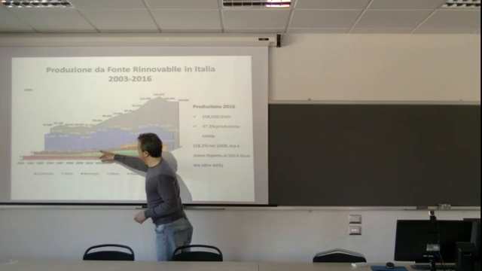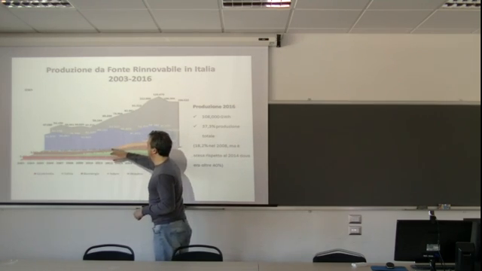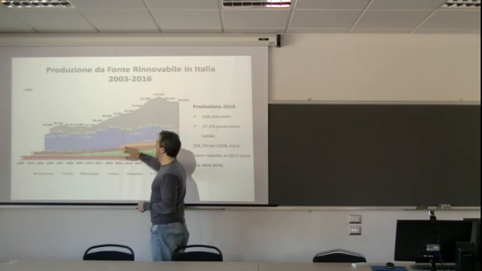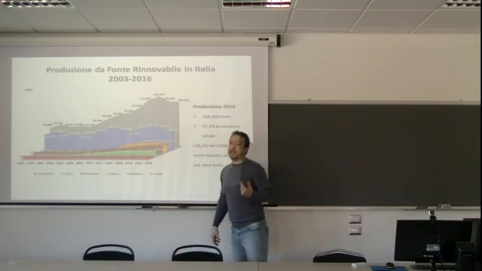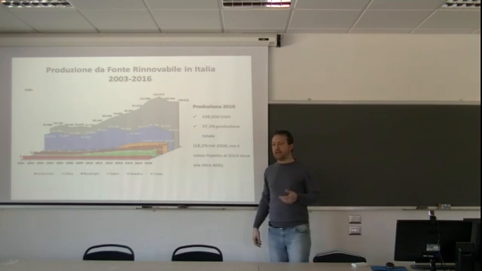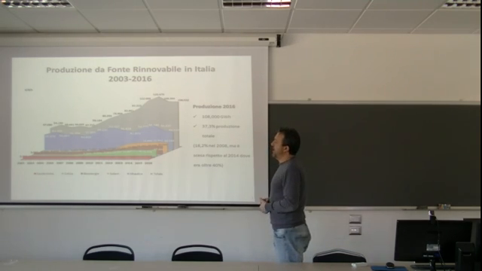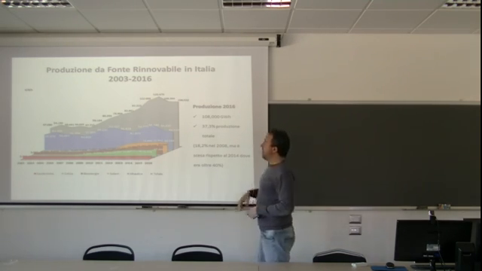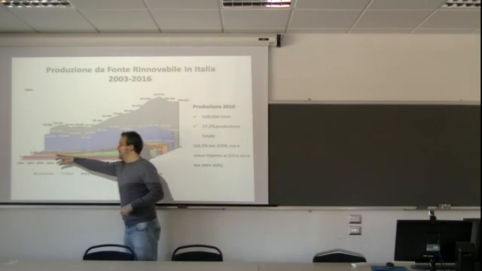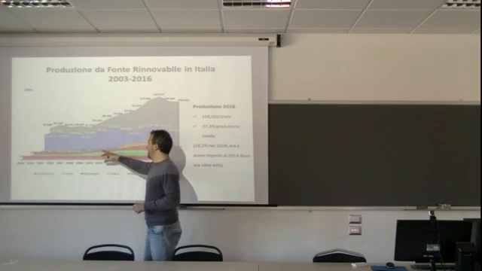The photovoltaic energy has a very, very high growth in the period where incentives were very high. So we have an important increase. Biomass also has an increase, but very constant.